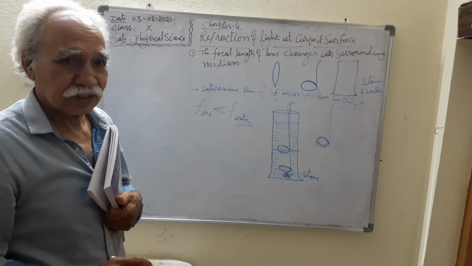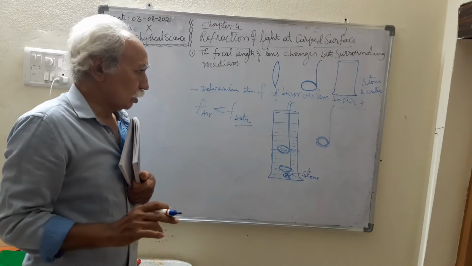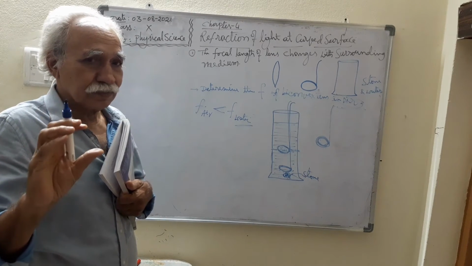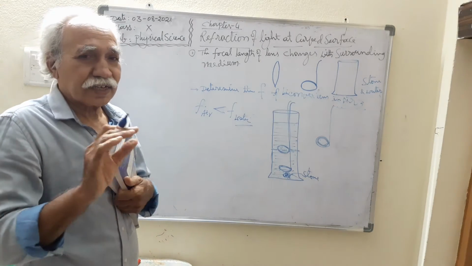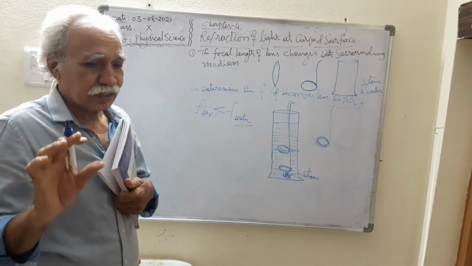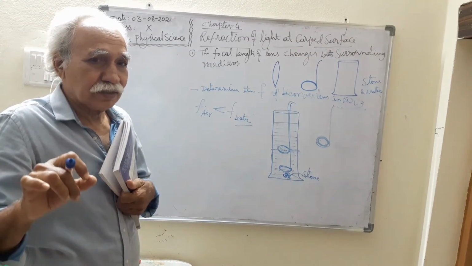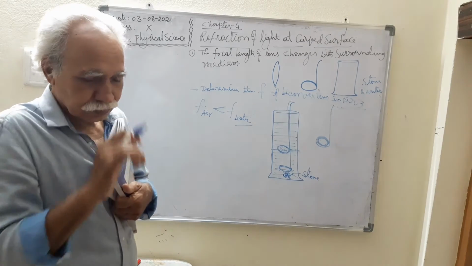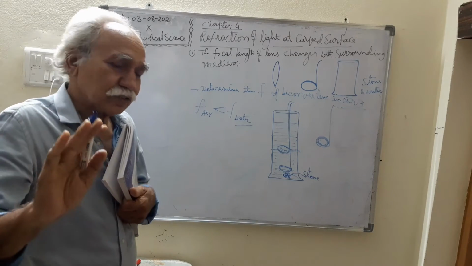Now, the air bubble present in the water should act like a convex lens, but since the surrounding media is denser than the air bubble, therefore it acts like a concave lens.